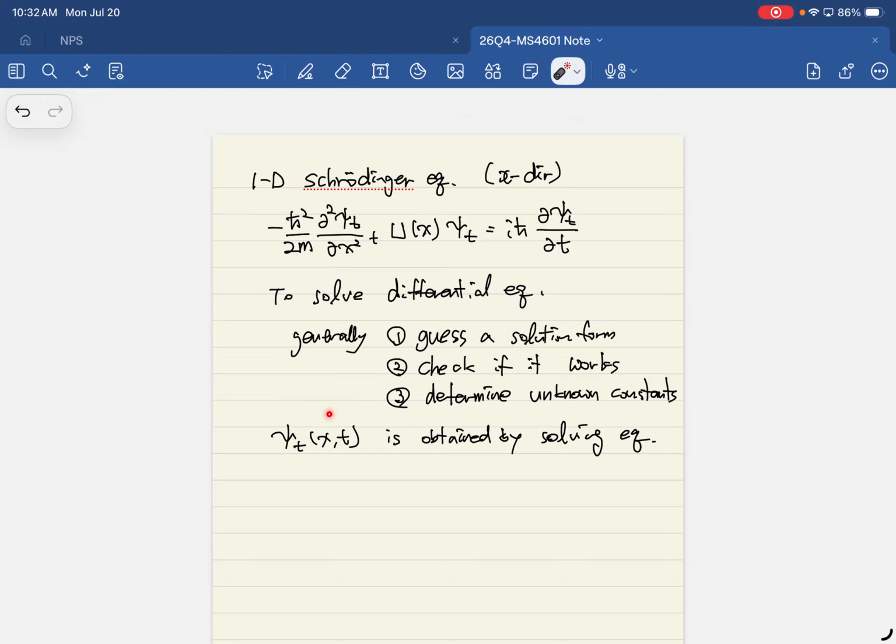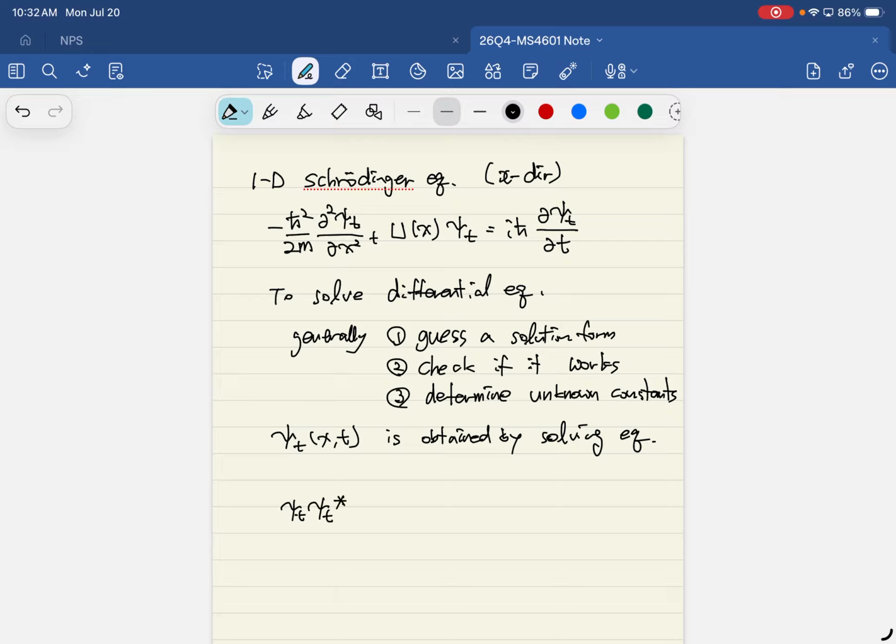This is called the wave function. But a more important concept is actually psi t times psi t star, okay? So a more important concept or parameter is this psi times psi t star. This is called the probability density function.